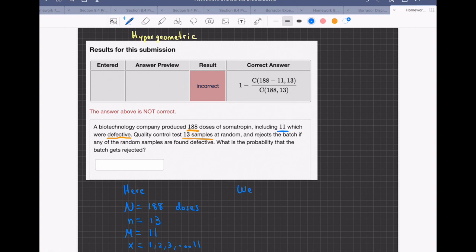We look for the probability that X is greater than or equal to 1, but this is the same as 1 minus the probability that X is equal to 0. I mean, if we compute the probability of no defective and subtract this from 1, we will have what we're looking for, right?